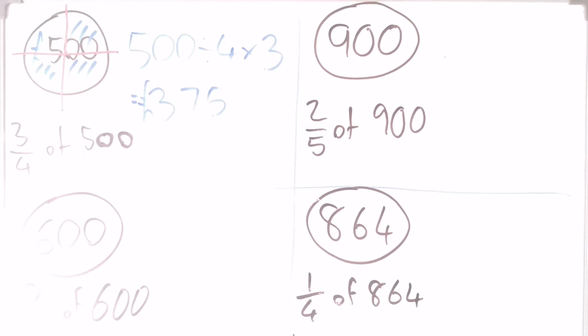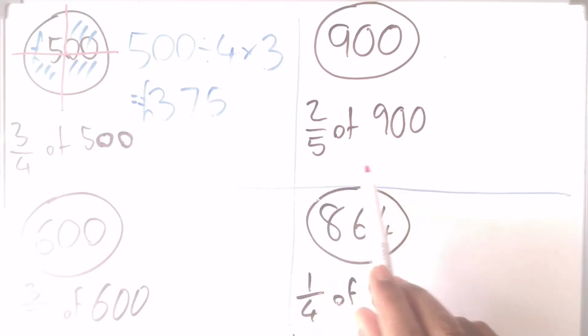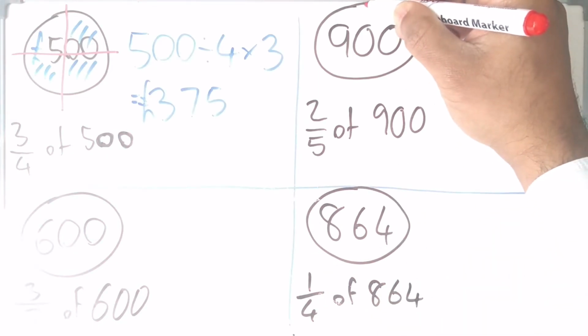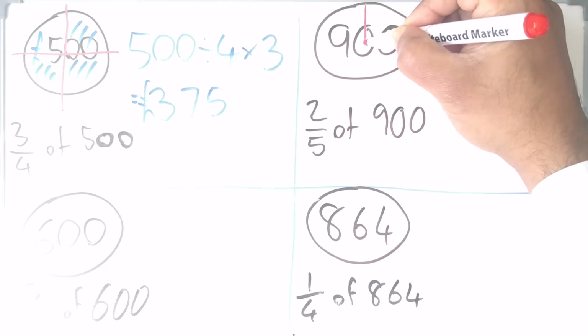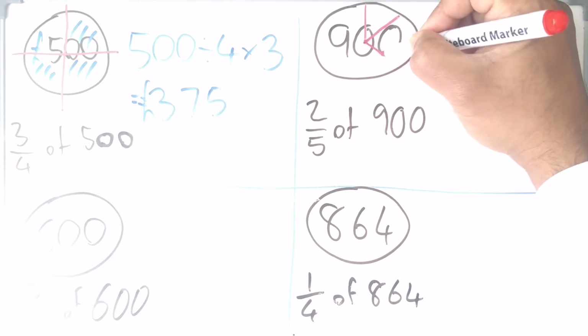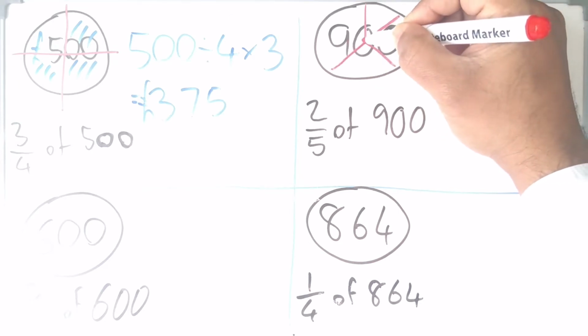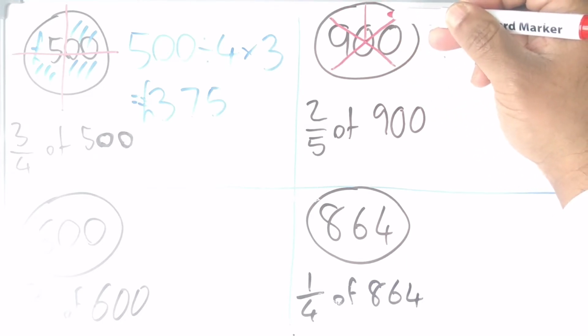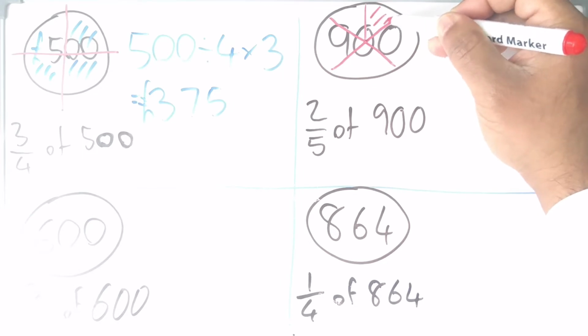The second example, we're looking at working out 2/5 of 900. So we get the 900 and divide it into 5 equal parts. So one of those parts represents 1/5 of 900.